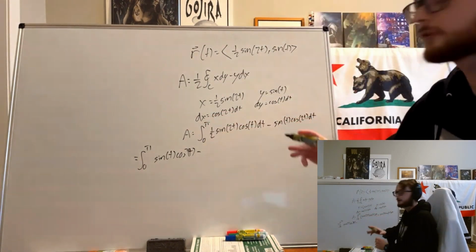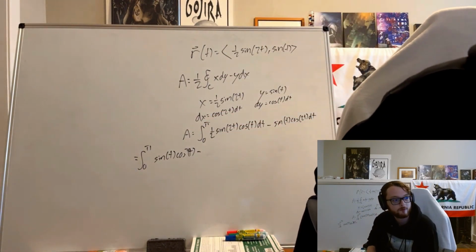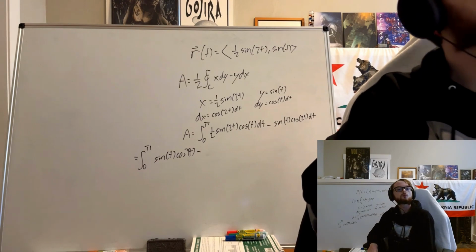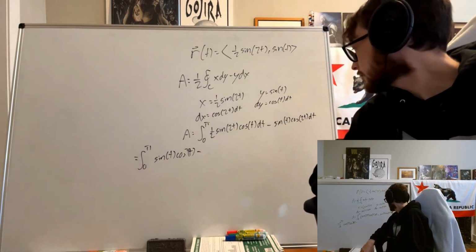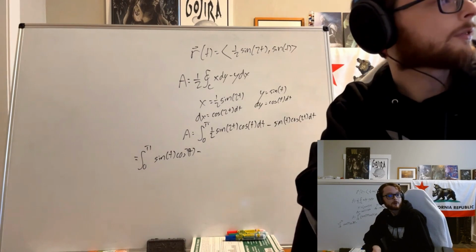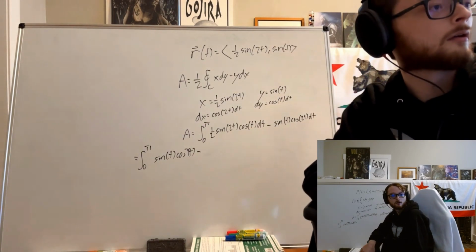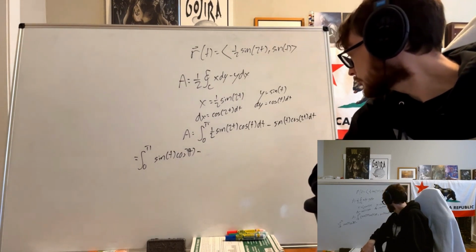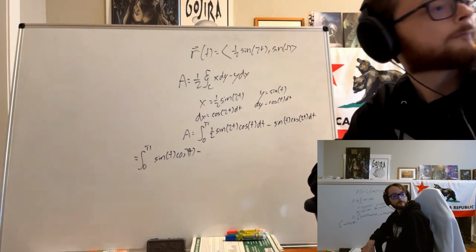minus, now cosine 2t, we have a few options here. We have options in life. We have a sine t already there. We can make it cosine squared minus sine squared. Might be good.